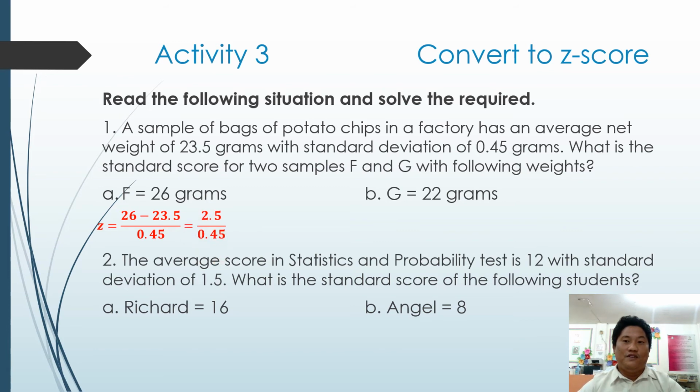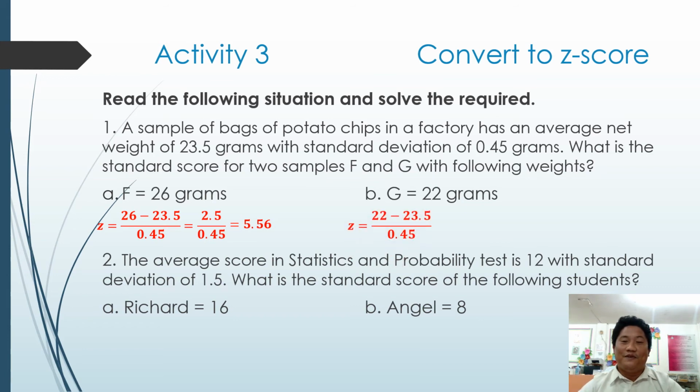It is just simple. We'll just use our calculator. 26 minus 23.5 is 2.5. Now we divide 2.5 by 0.45, and our answer is 5.56. So the z-score for 26 is 5.56. You get the answer? Very good.